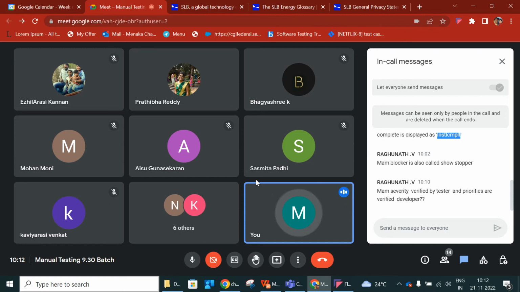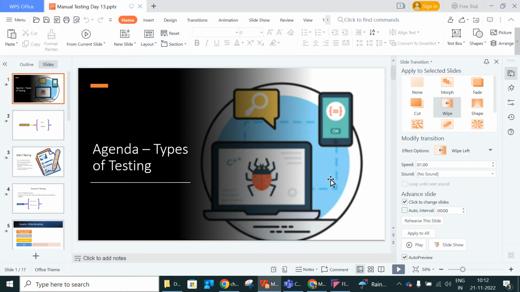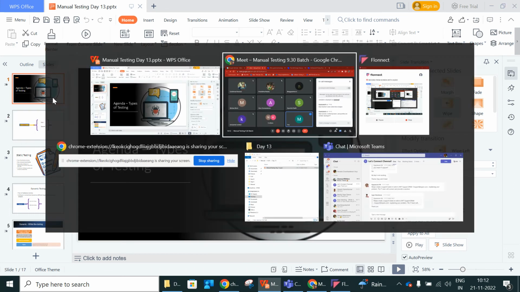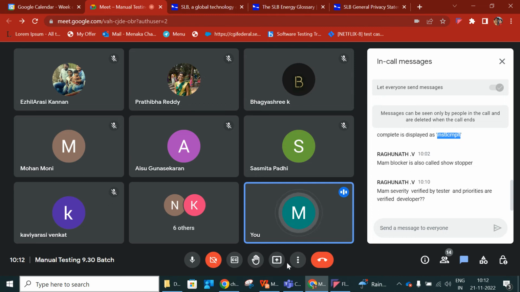From automation, they'll ask you a few coding and technical things. But manual basics should be strong for you. So be clear on these topics. Any other questions? Okay, then we'll move to the next topic.